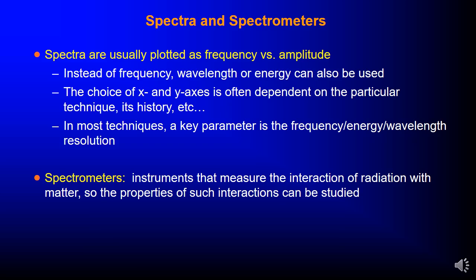In most techniques, a key parameter is the frequency, energy, wavelength, or resolution. Spectrometers are just instruments that measure the interaction of radiation with matter, so the properties of such interaction can be studied.